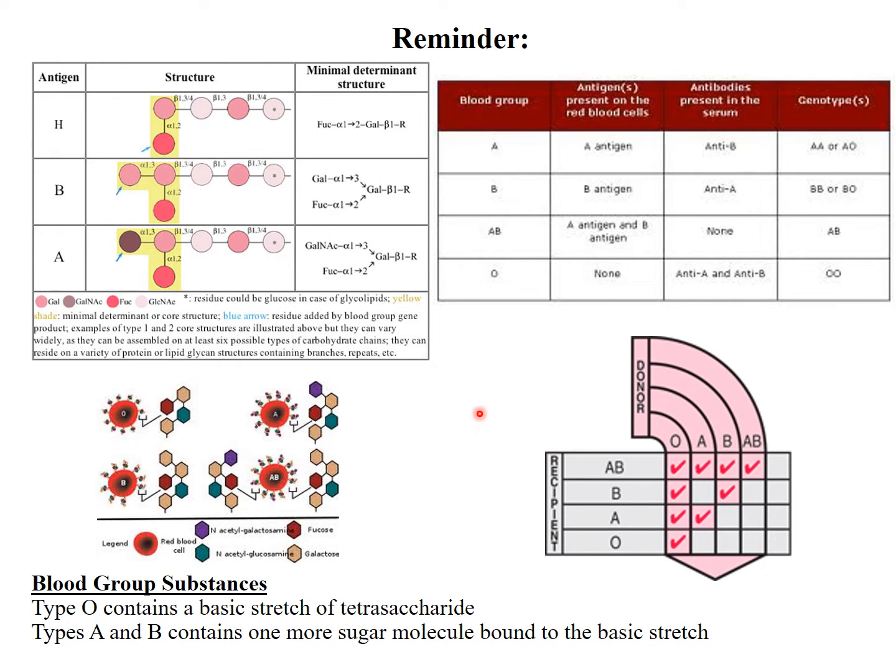Now, again, it is just part of the reminder, and you learned about this all. So I just wanted to drive your attention to the O category has a specific tetramer of carbohydrates.